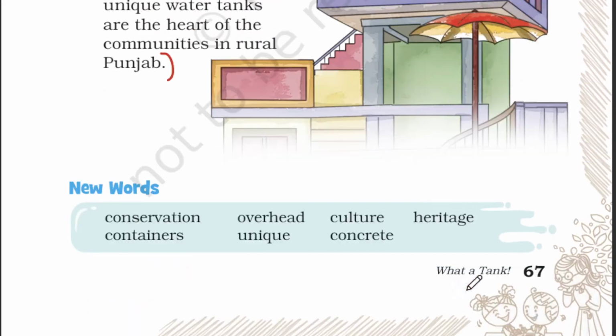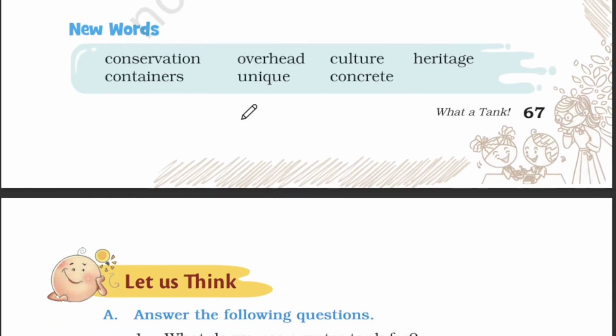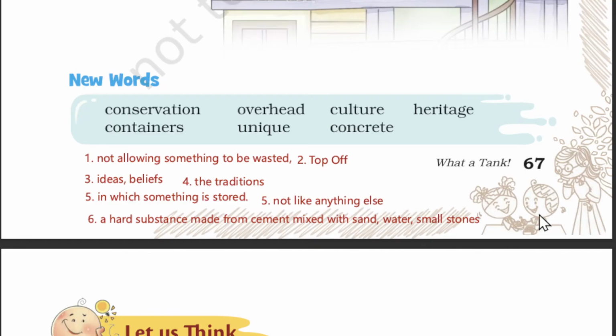Now let's see the new words: conservation, overhead, culture, heritage, containers, unique, and concrete. I will give you the answers one by one. If you want, you can pause the video and note down the answers. Conservation means not allowing something to be wasted, like water conservation. Overhead means on top of.